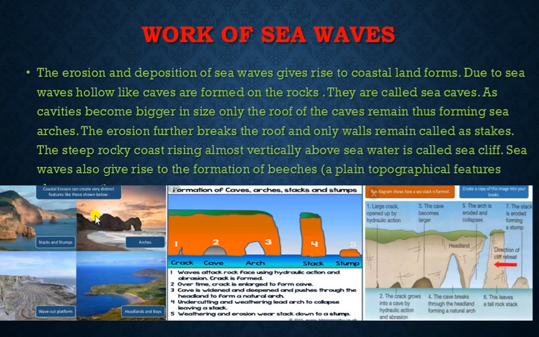These are called platforms. So, like platforms, we have beaches, bays, headlands, stacks and stumps. These are erosional and depositional features of sea waves.